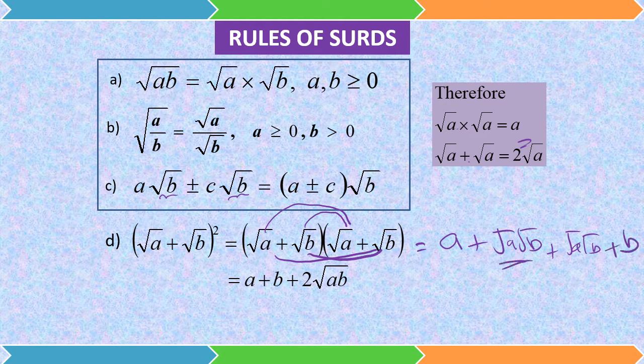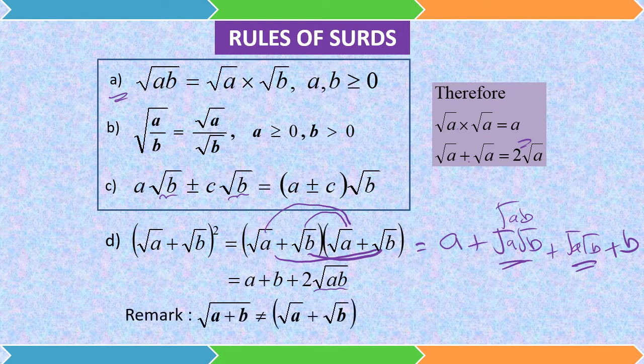So we have 2 of surd a surd b, to which we can apply the first rule. It's actually surd of ab, so we have 2 surd of ab. Okay? Remark that surd of a plus b is not equivalent to surd a plus surd b.